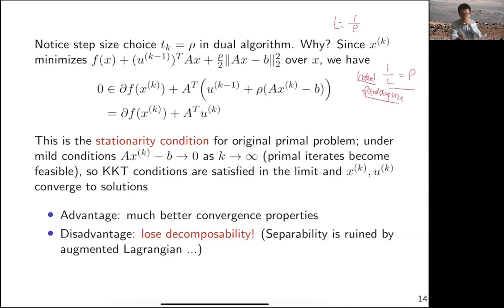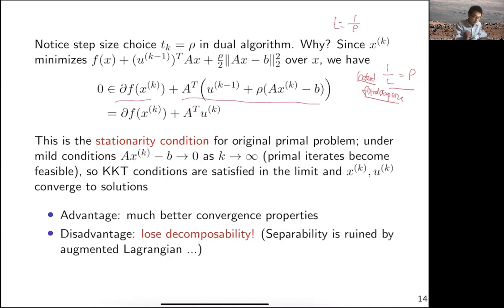Okay. So this is coming from our gradient descent theory. Now, there's another interesting interpretation of why this learning rate is chosen to be rho. Let's consider the first order optimality condition for solving this augmented Lagrangian minimization problem. If we just take the subdifferential of this and then use a composition rule, we end up getting this.